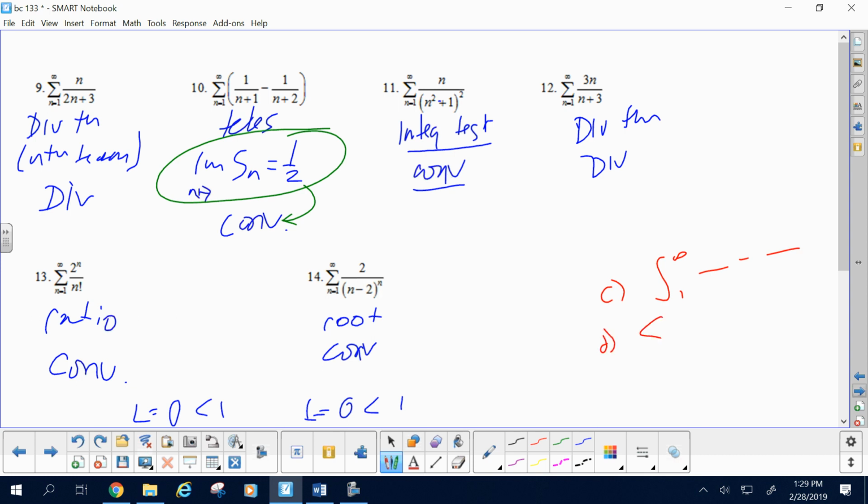And then D was the same series, right? Are you with me? Do you remember that? Okay. Now, despite the fact you just did the integral in C, you would be astonished how many people did not use the integral test for D. I just thought that was an assumption that everybody would go integral.